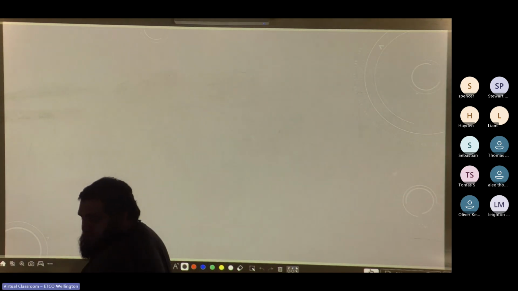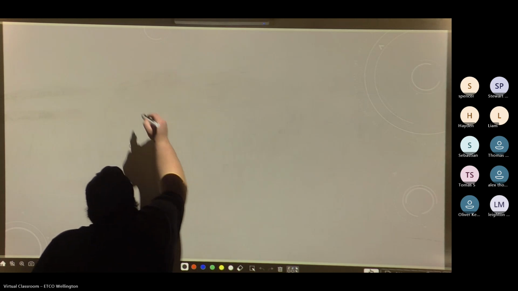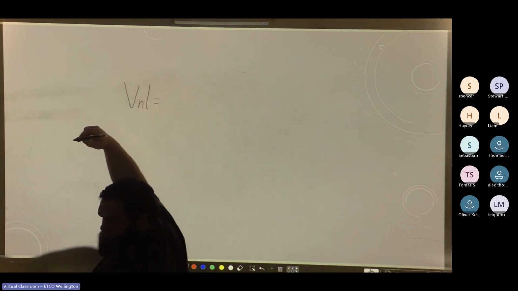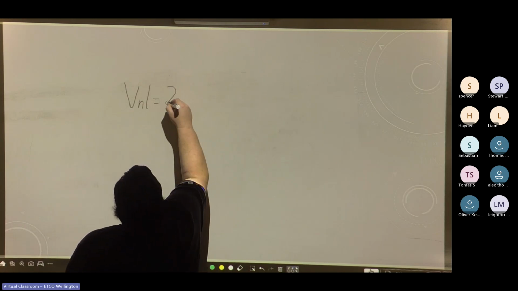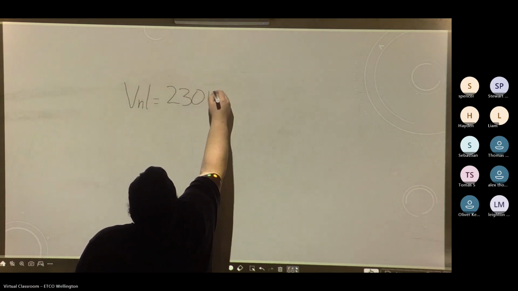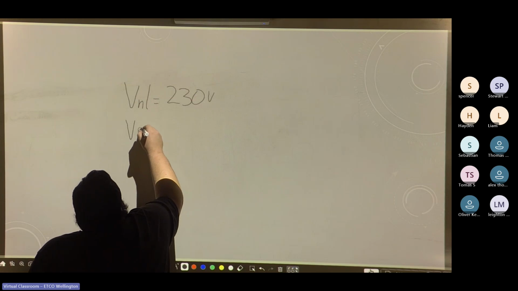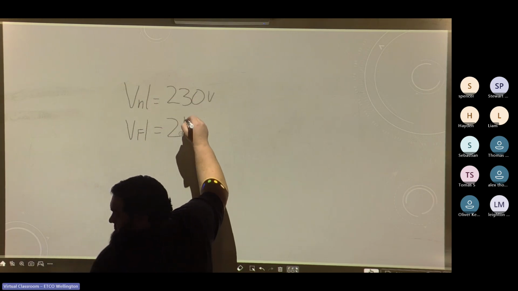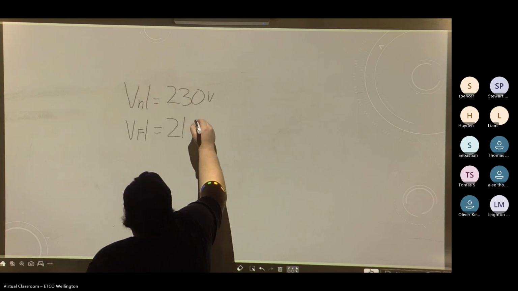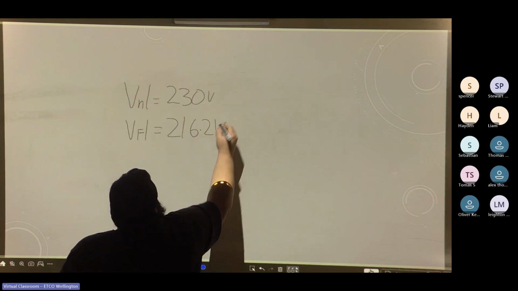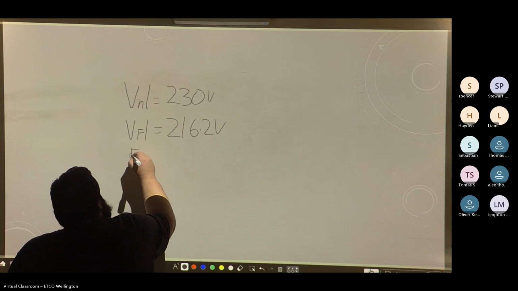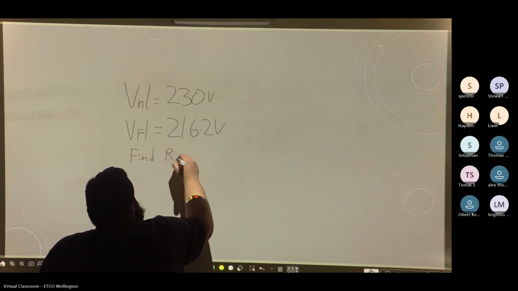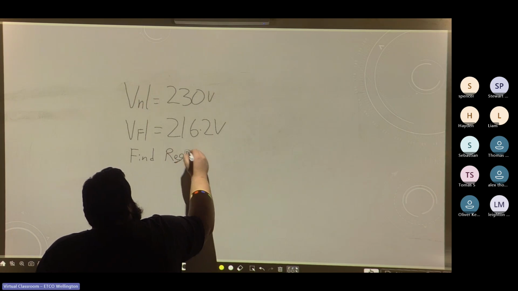We have a transformer. Its voltage no load is 230 volts. Its voltage full load is 216.2 volts. Find the regulation percentage.